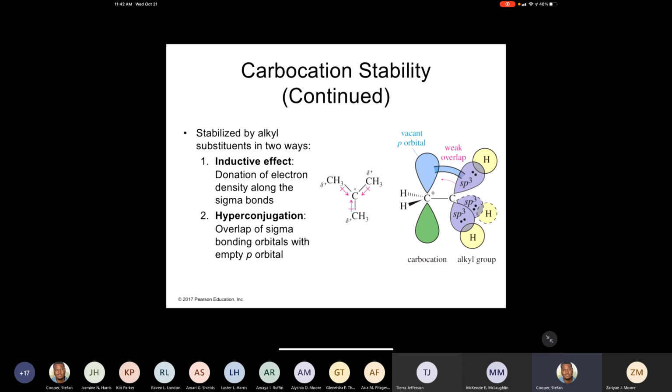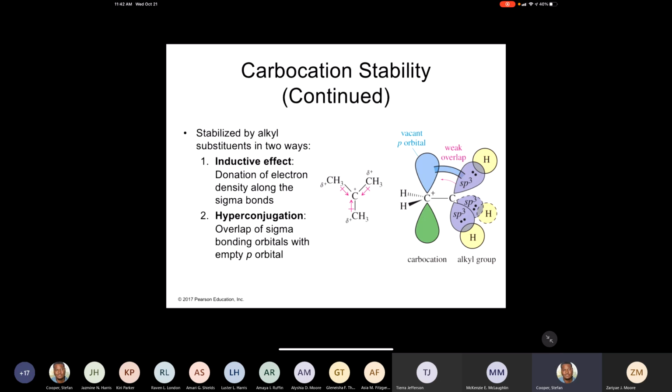So in this case, I have an sp3 hybridized orbital that's typically not involved in resonance, but that orbital is able to share electrons. Basically what it's saying is that because carbon has these sp3 hybridized electrons and bonds, it doesn't mind doing this hyperconjugation effect to stabilize things that don't have electrons.